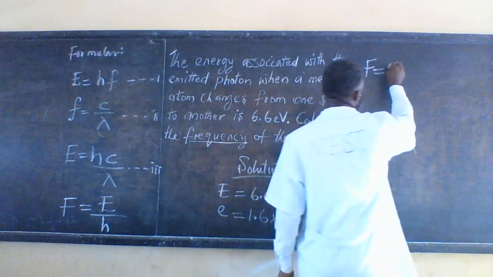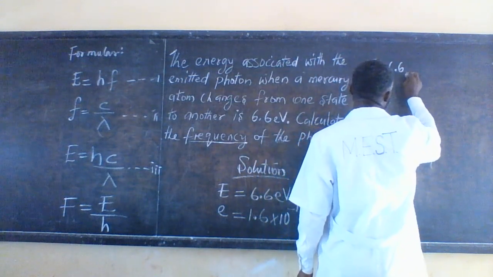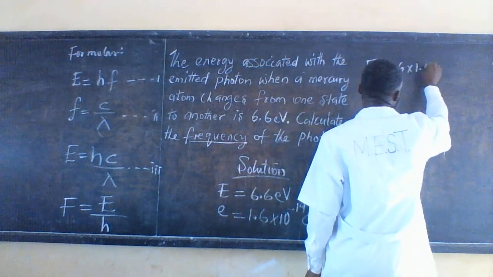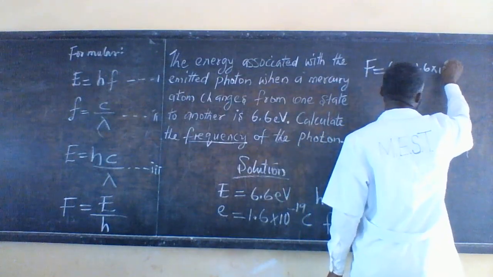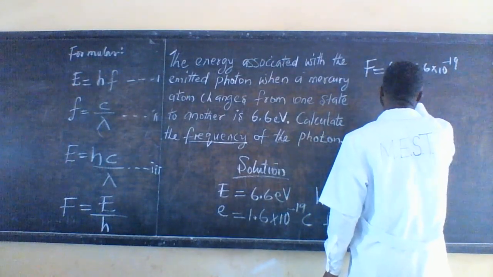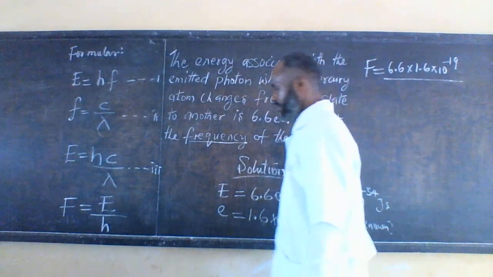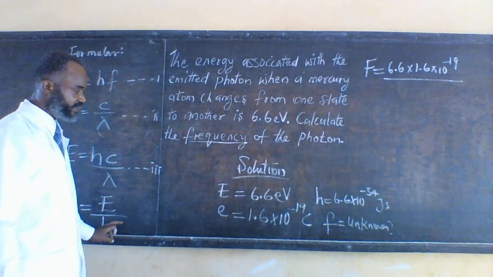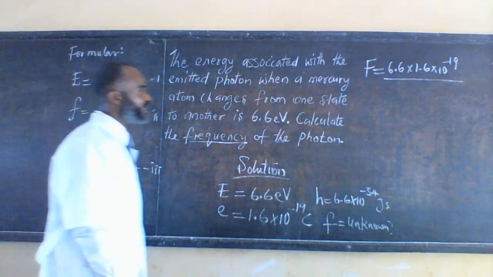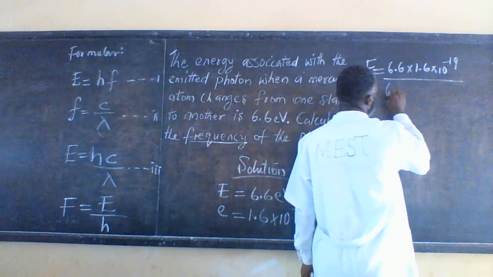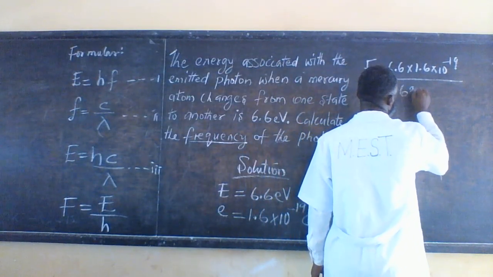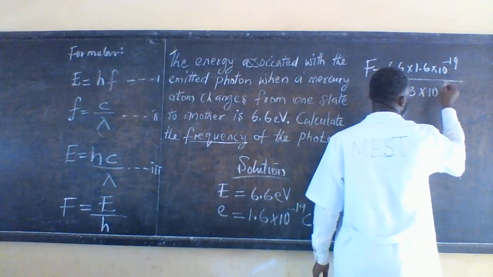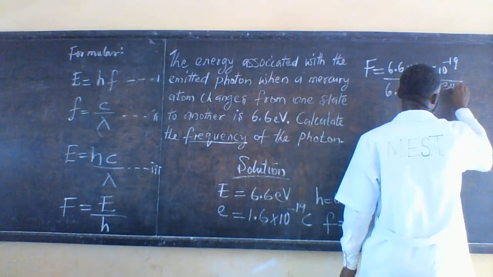So we have 6.6 times 1.6 times 10 raised to the power minus 19, all over Planck's constant. Planck's constant is very important, and it is simply 6.6 times 10 raised to the power minus 34.